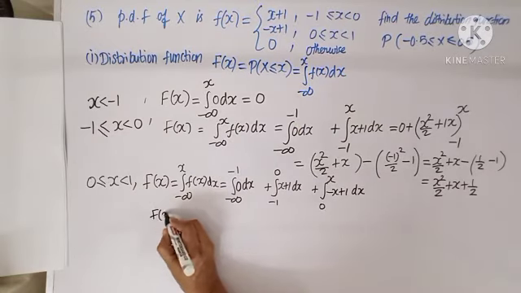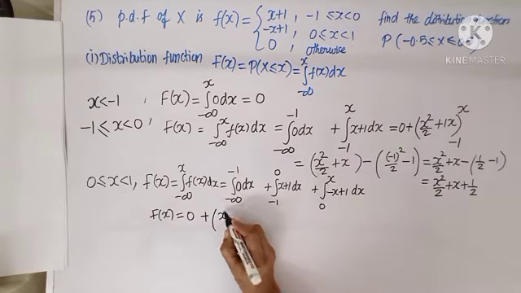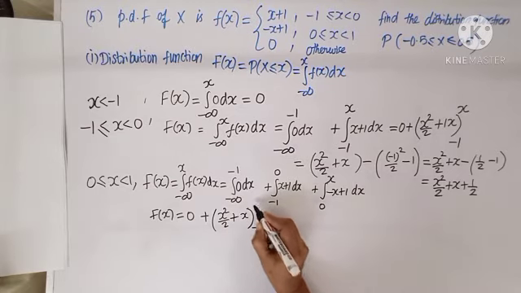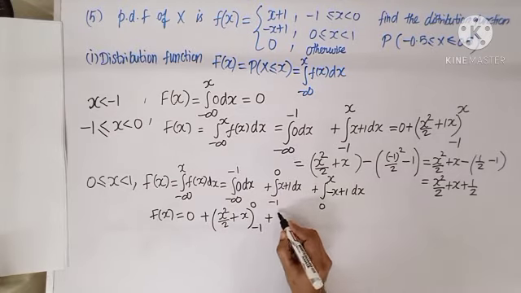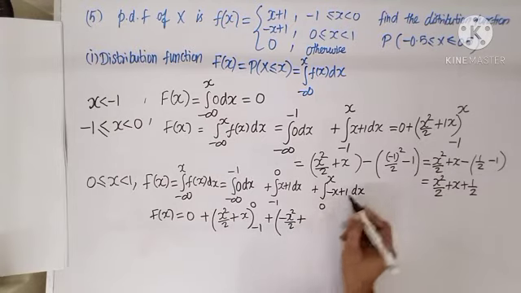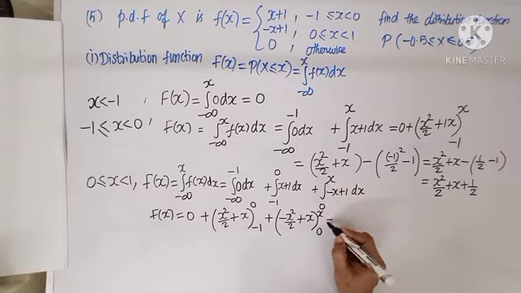Now, f of x is equal to 0 plus x will become x square by 2 plus 1 will become x, between the limits minus 1 to 0, plus minus x becomes minus x square by 2 plus 1 becomes x, between the limits 0 to x.